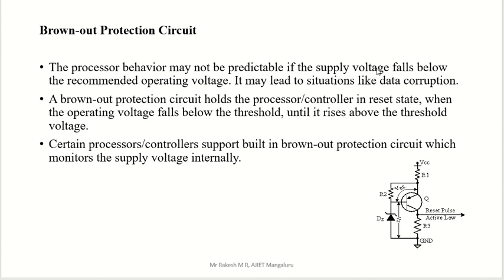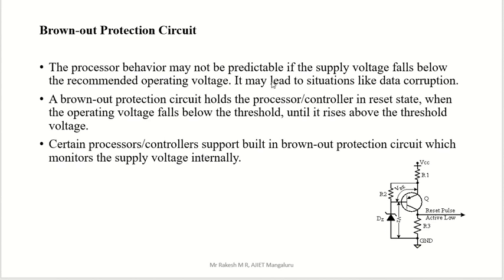As an example, you need 10 volt for this circuit. That is the required voltage, and the supply will provide 10 volt. Because of some problem, the supply voltage suddenly reduces below 10 volt. To work properly the device needs 10 volt, but the supply has decreased below 10 volt. That may lead to data corruption.